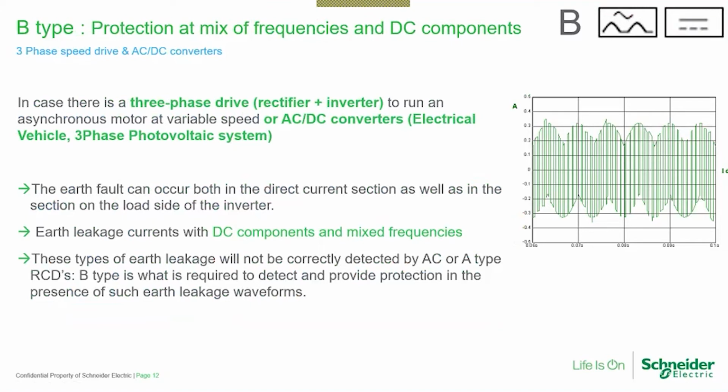So any of these types of loads or installations are capable of producing earth faults that can occur in both the direct current section as well as the AC side. They are capable of producing earth leakage currents with DC components and of mixed frequencies. So it's these types of earth leakage that will not be correctly detected by your traditional Type A RCD. And this is why we need the B type.